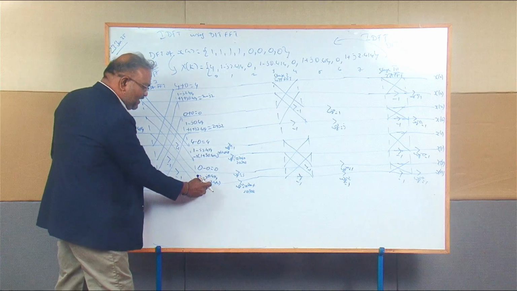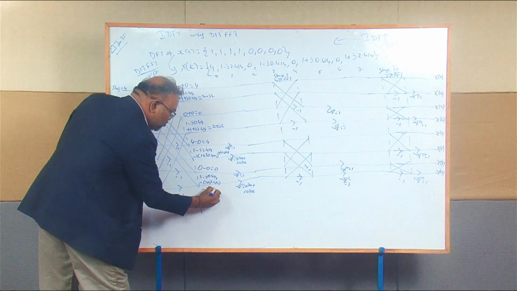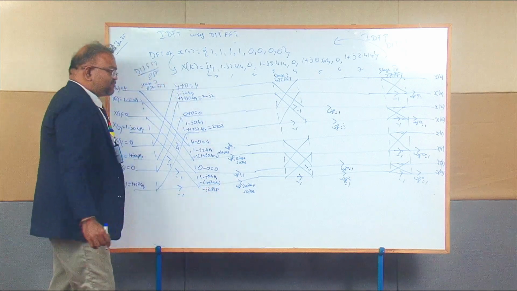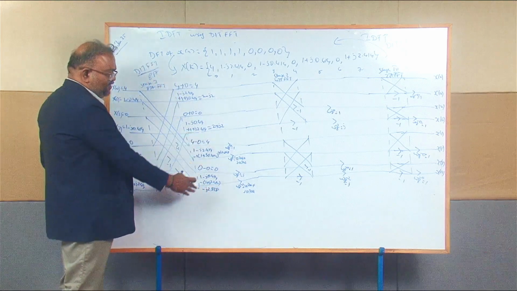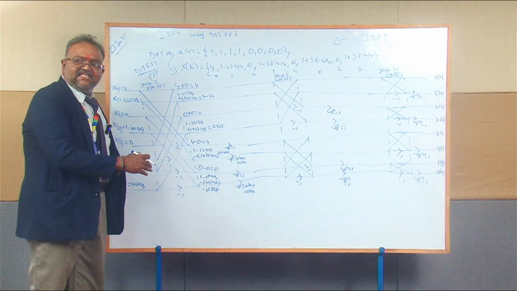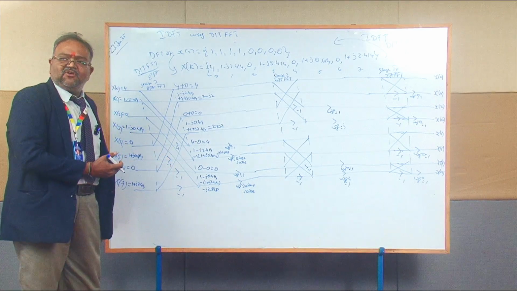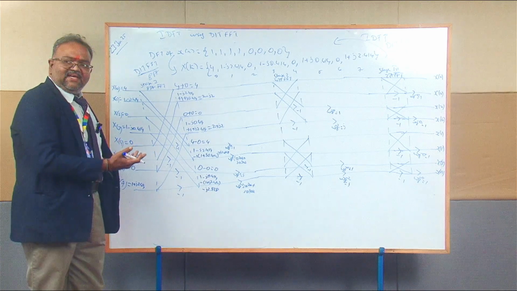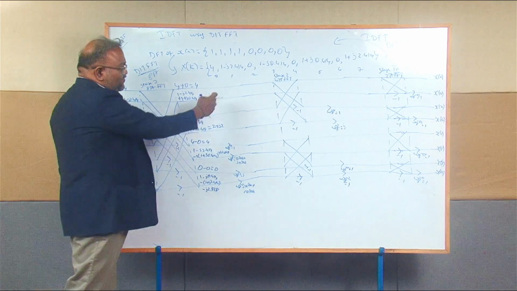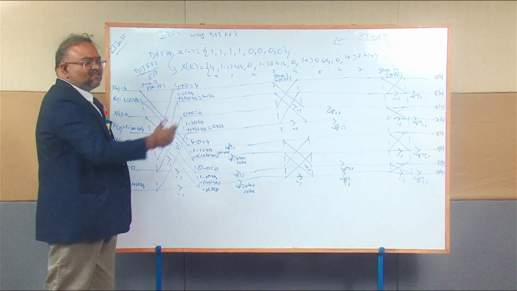Here it will become minus j, so minus j2.828. All these values are before the twiddle factor multiplication. Now, if a twiddle factor is available, we have to multiply with it. If it is not available, there is no need to multiply. So, for the first 4 signals, there is no twiddle factor, so I can directly write those values there.